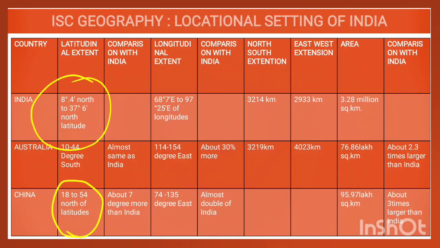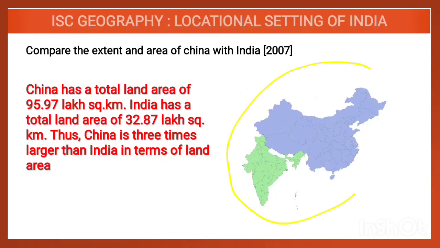Okay, and what is the longitudinal extension? In case of China, 74 degree east longitude to 134 degree east longitude, and in case of India, 68 degree 7 minute east to 97 degree 25 minute east. And if you see this picture, you can identify that China is larger in size than India.